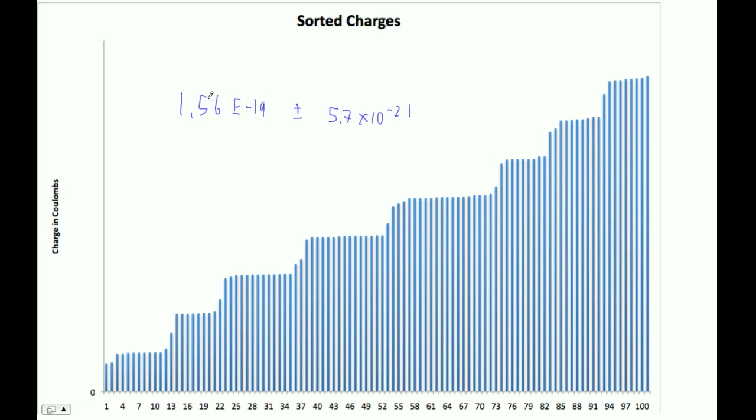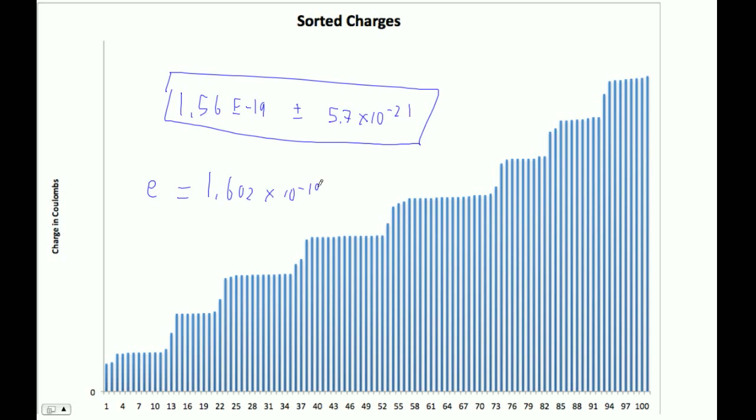If you look at this, this is 10 to the minus 20th, that's the 10 to the minus 21st. So really we're uncertain in this digit right here by 5.7, which of course is going to encompass the well-accepted value of E of 1.602 times 10 to the minus 19th coulombs. So put the units on there. Don't want to get half off. All right, there you go. Hope I didn't confuse you too bad.